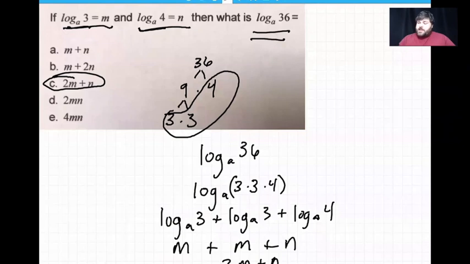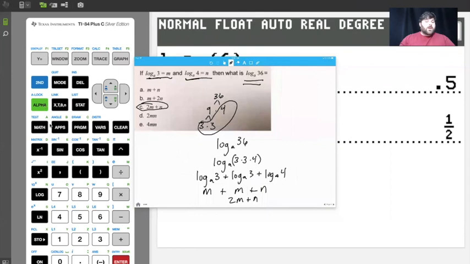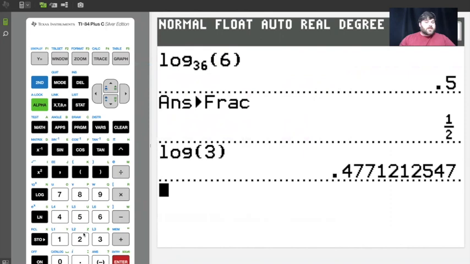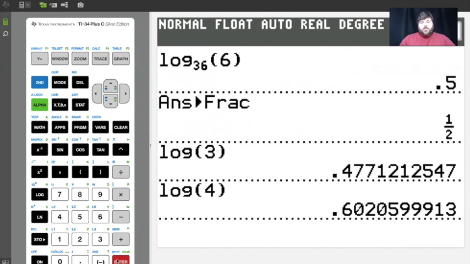Now, alternately, I suppose you could have actually calculated what the log base a of 3 would have been on your calculator with any base. So you could just say, well, what is log of 3? I'm using base 10 here. It says base a, so it means that the a could be anything. Log of 4 would be this.